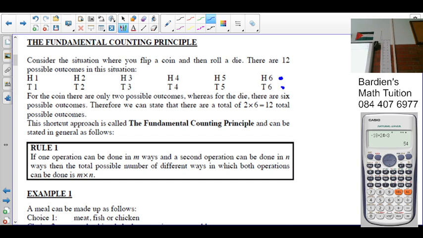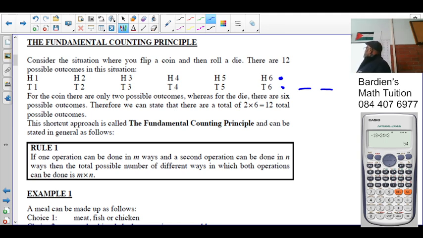So basically what I do is I introduce what we call bits. There are many ways of looking at this. What I always do is make an allocation for the number of outcomes in the first event and the number of outcomes in the second event.